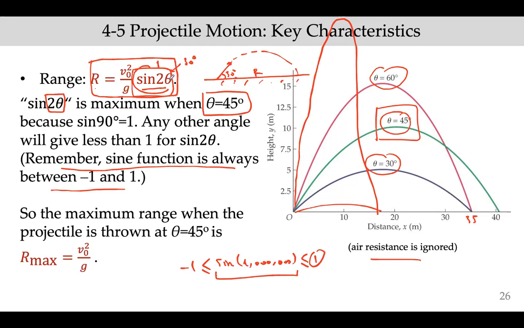What is sine 180? It's 0. That makes sense because the range becomes 0, because now you are throwing it at 90 degrees. It will go up and come down at 0. So 45 degrees gives you the maximum range. And the maximum range, because sine 2 theta, sine 90 becomes 1, you can write it like this, the maximum range.